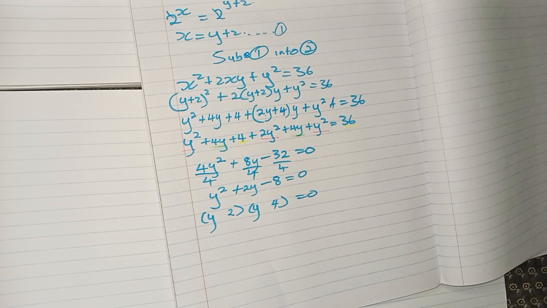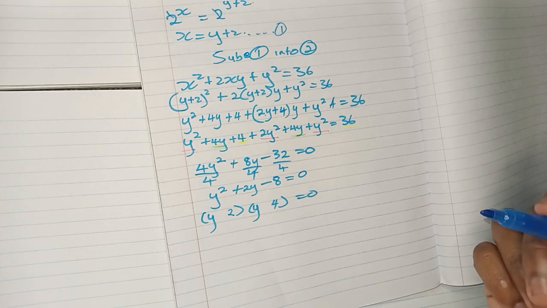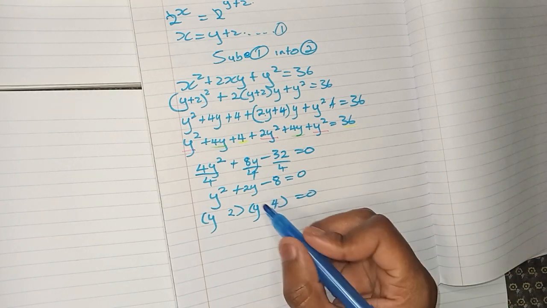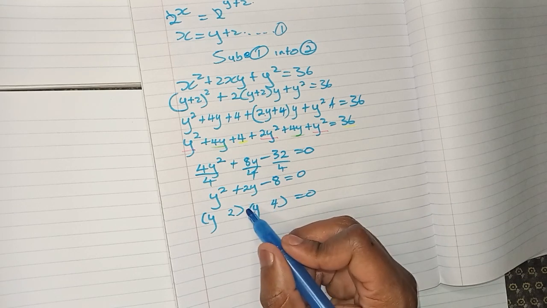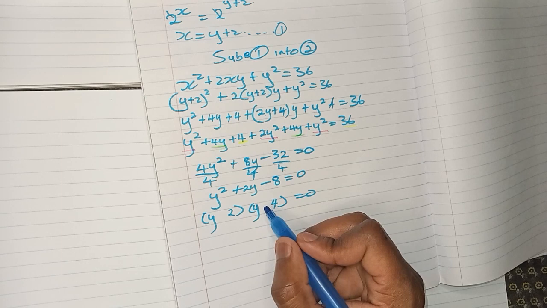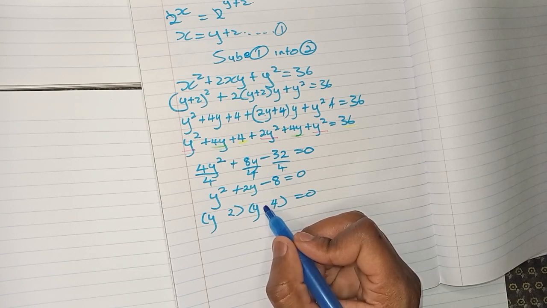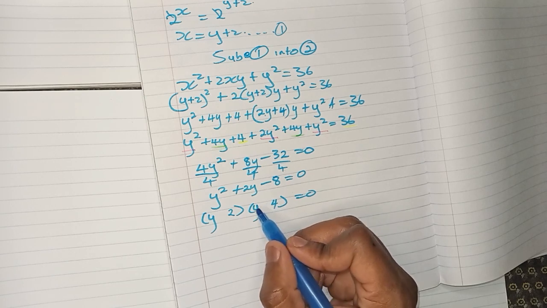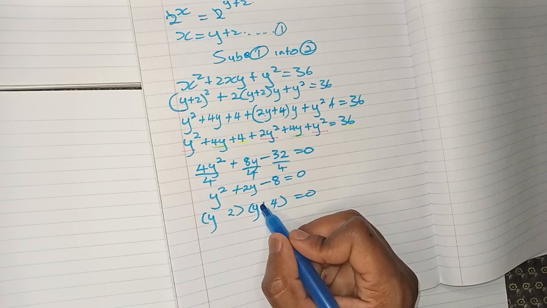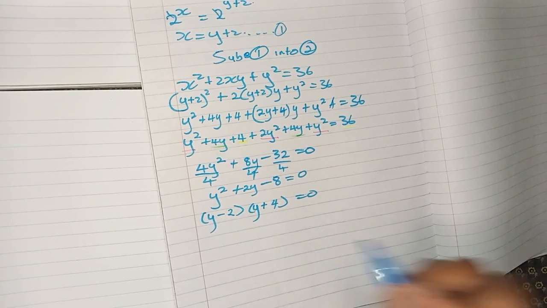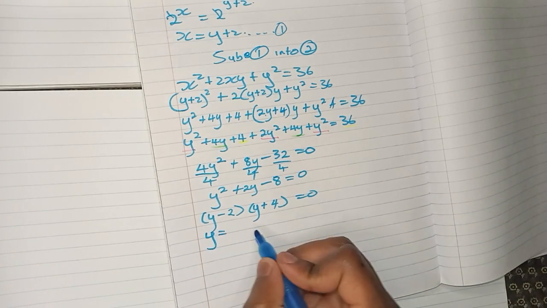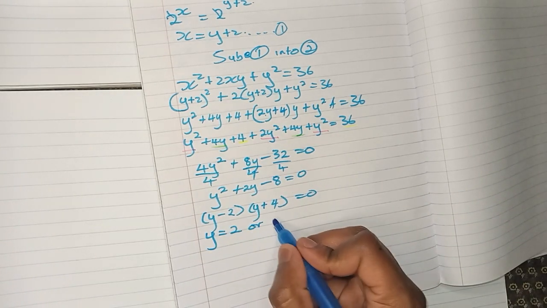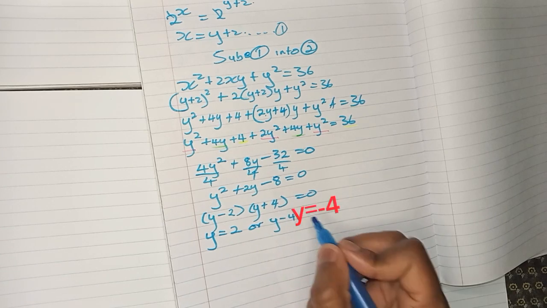Now it's going to be another step for us to find maybe the signs, right? So the bigger number takes the sign of the middle term. All right, so I'm just gonna say plus and minus. Right, so now I'm simply going to say y is equal to 2, y is equal to minus 4.